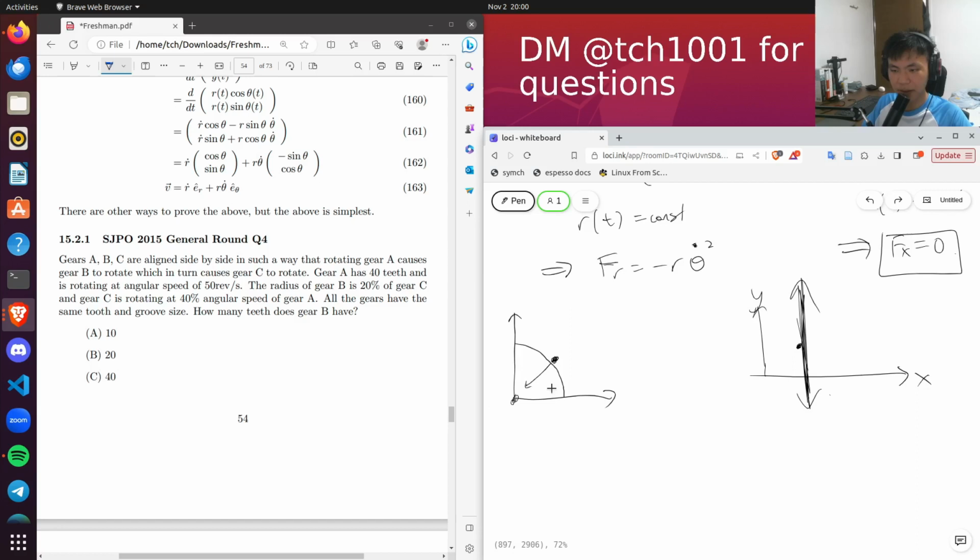And this force is known as the centripetal force. So the centripetal force, if I put it in English, is the force required to keep the object at constant radius.